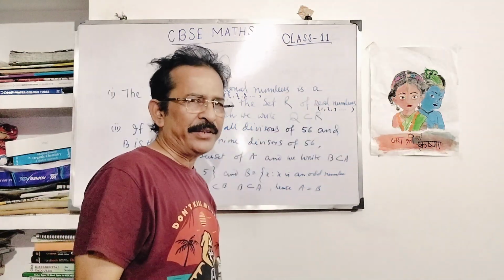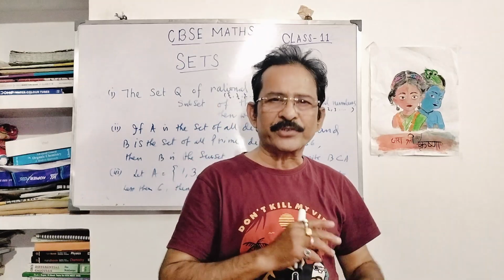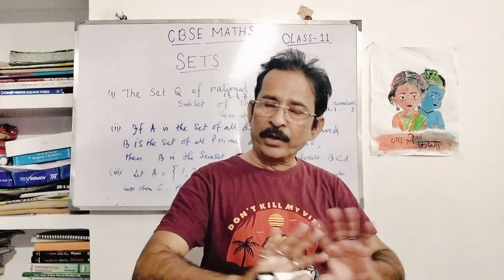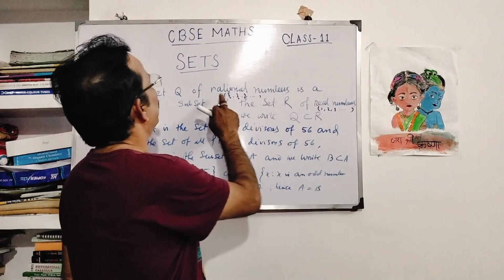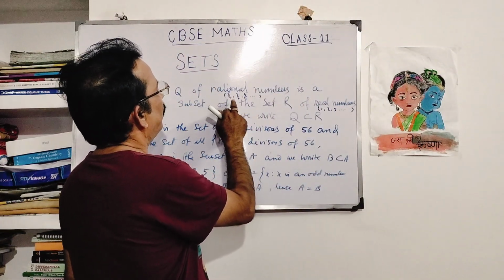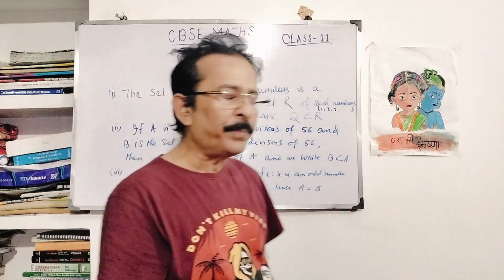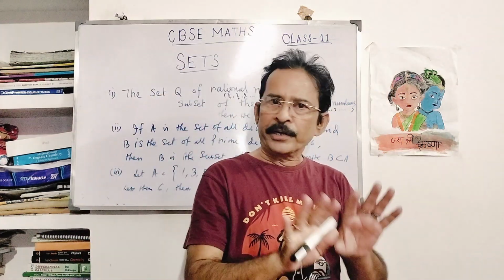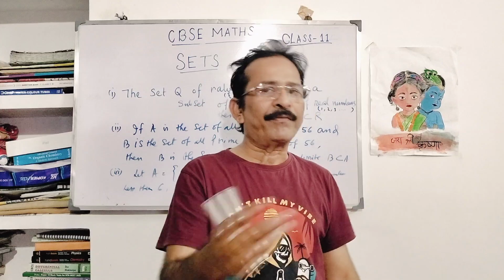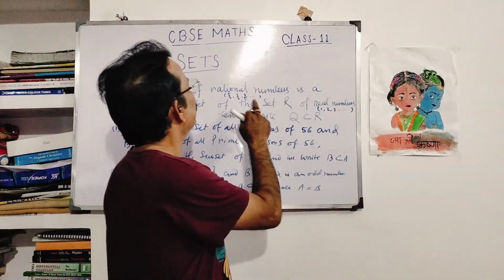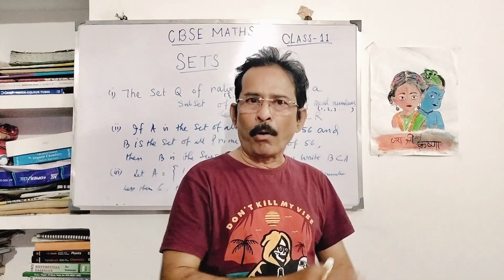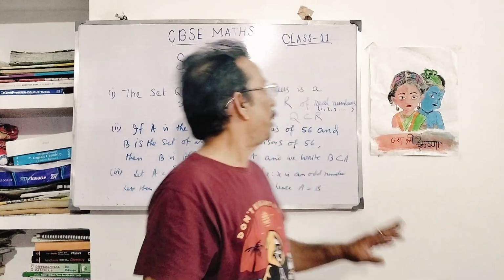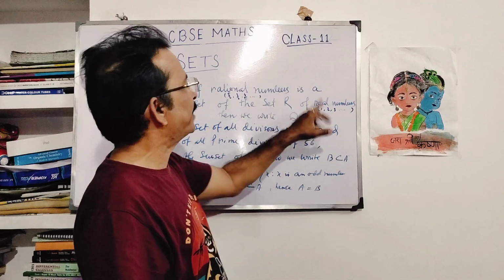Here real numbers mean 1, 2, 3, 4, 5, 6 and so on. All are real numbers. Understood? Rational means those in the form of p by q. So 4 by 1, 1 by 1, 2 by 1 are all rational numbers and real numbers.